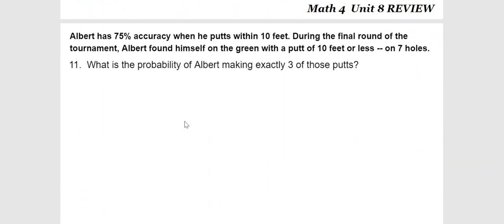All right, Albert is putting on a golf green, and he is 75% accurate when he putts within 10 feet. He has a putt within 10 feet or less on 7 holes out of the 18 holes on the golf course. So there are 7 events here, 7 holes.